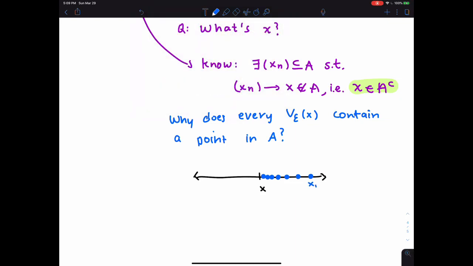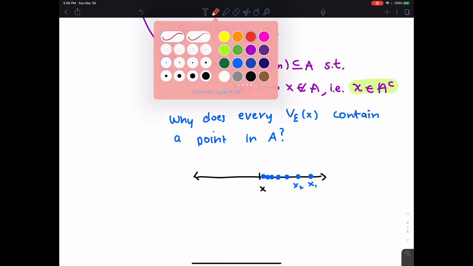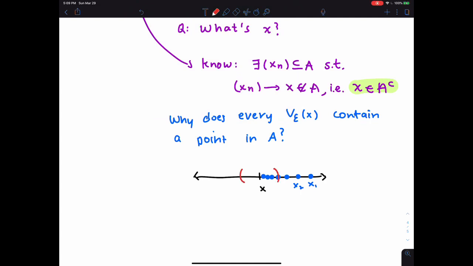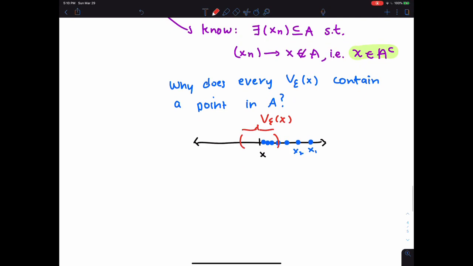So let's say that's x1, x2, etc. I'm trying to understand, if I pick an arbitrary epsilon neighborhood of x, why does it have to contain a point in A? Well, the entire tail of the sequence has to be in that neighborhood based on convergence. And if the entire tail has to be in that neighborhood, then certainly there's at least one point from the sequence in the neighborhood, in particular, x of capital N. And that's all we needed.